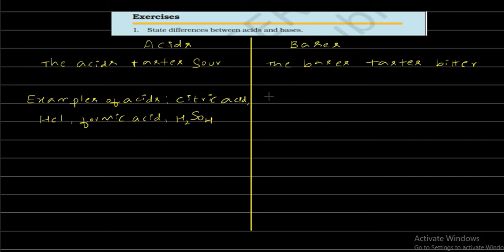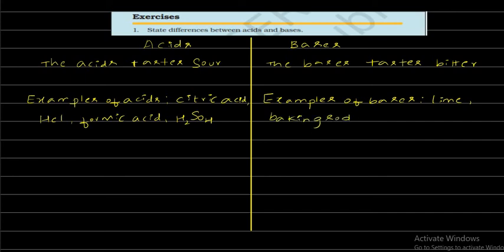And what about the bases? Examples of bases. What are the examples which you can give? You can give example of lime, and you can give example of baking soda.